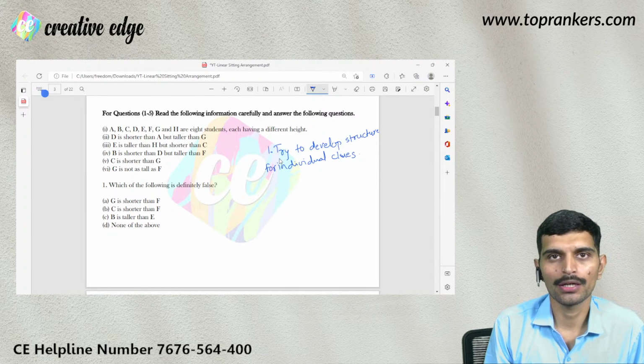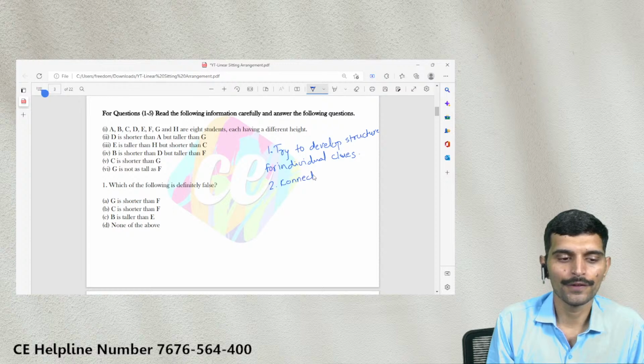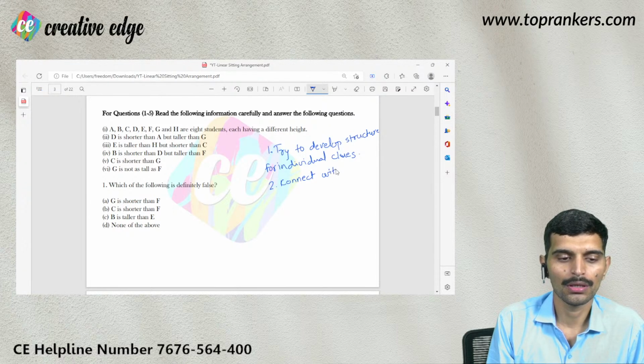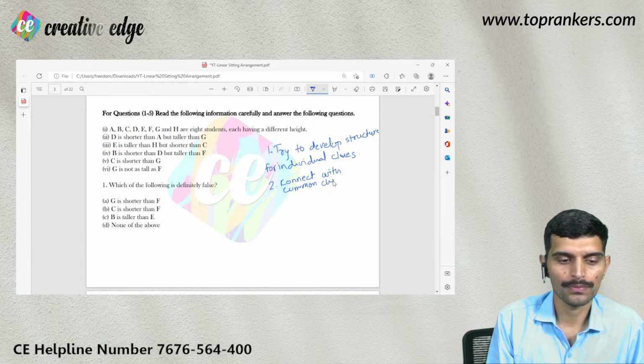If we are drawing a structure for individual clues, then the second step should be to connect with common information or common clues.